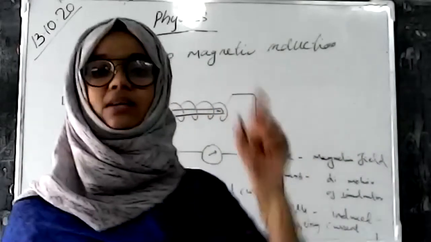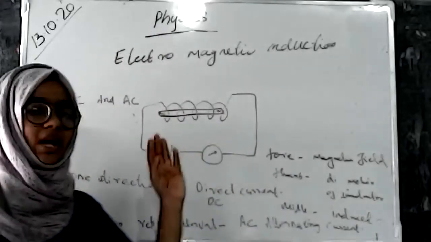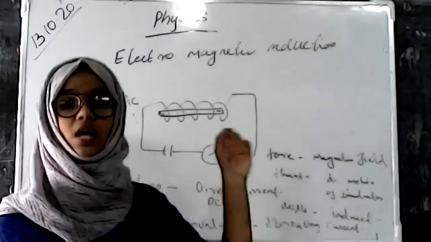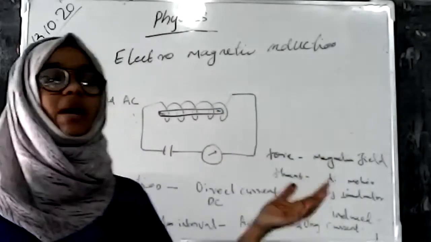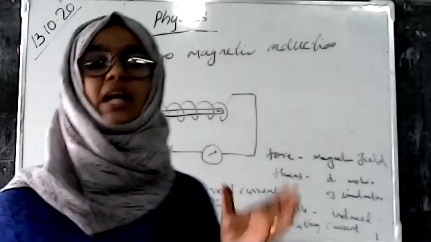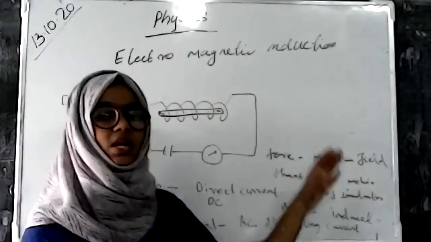What is electromagnetic induction? When we move a straight conductor inside a solenoid, there is a change of magnetic flux, and this change of magnetic flux makes an induced EMF. This phenomenon is known as electromagnetic induction.